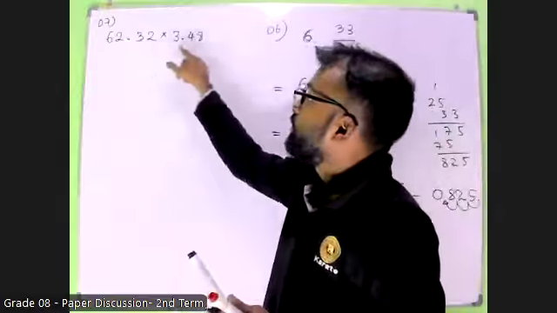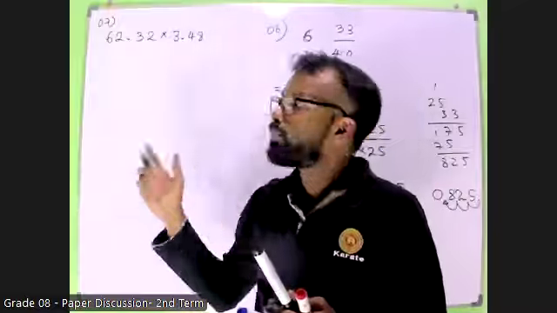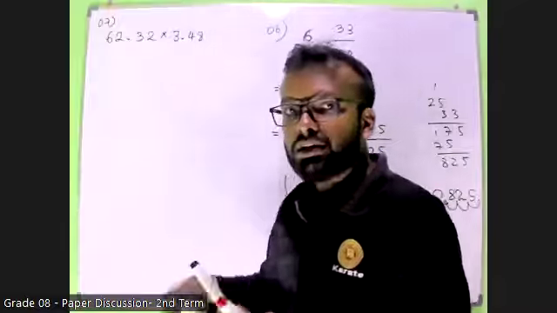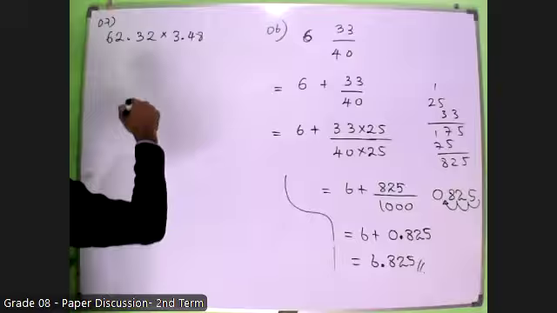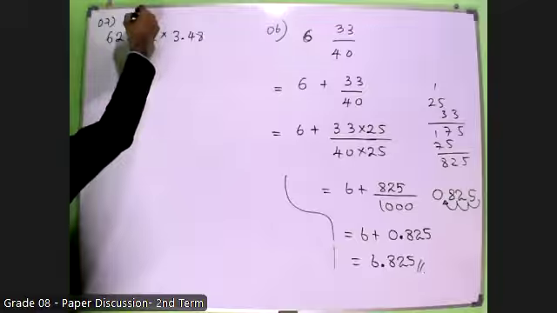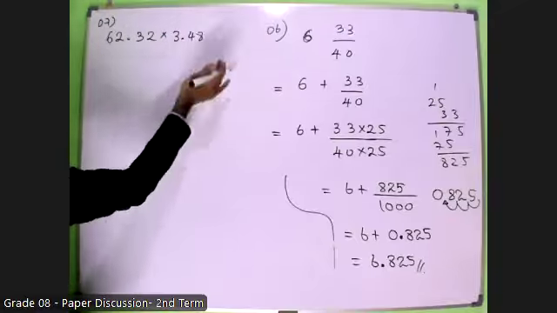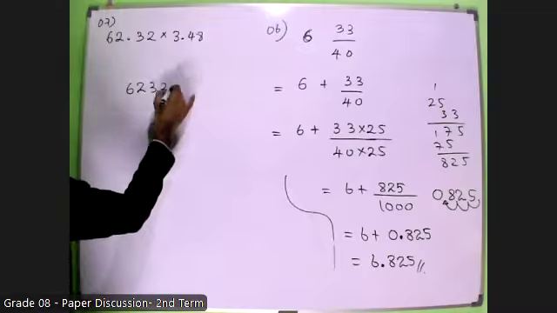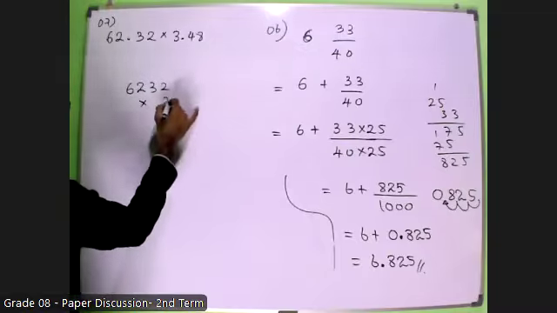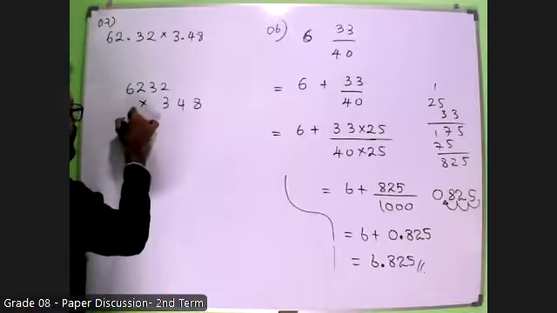Forget the decimal places and just multiply the two numbers together, and then allocate the total number of decimal places. First of all, forget the decimal places. So you will have 6232 multiplied by 348.